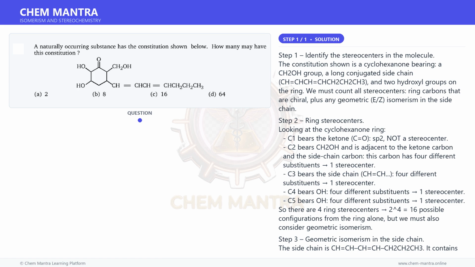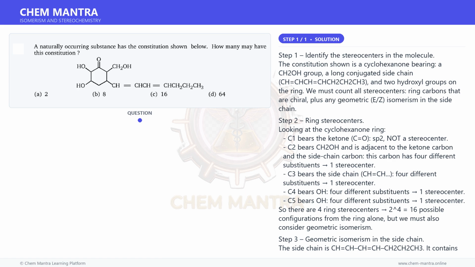A careful count gives 3 stereocenters in the ring, not 4, because one ring carbon adjacent to the carbonyl may not be a true stereocenter depending on substitution pattern, plus one E/Z element in the conjugated diene. One of the double bonds may be fixed by conjugation constraints, or the chain has only one independent geometric isomer element, giving 2 cubed is equal to 8 stereoisomers total.